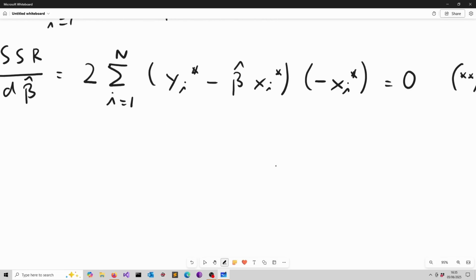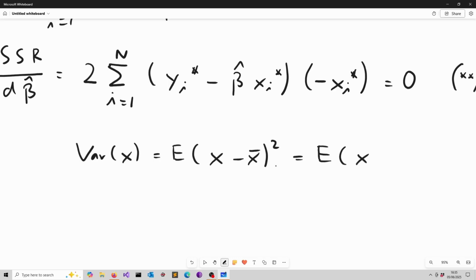The variance of a random variable, say x, is simply the expected value of x minus x upper bar to the power of 2. Yeah, this of course can be multiplied out, but this is basically it. We already have our adjusted variables, so this would be simplified using our notation to x star, to the power of 2.